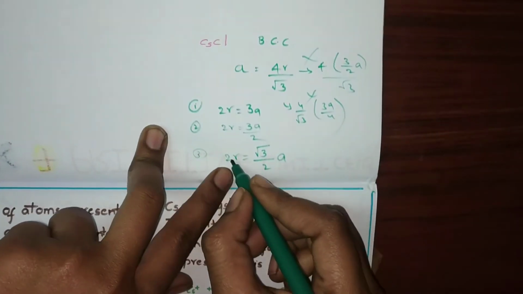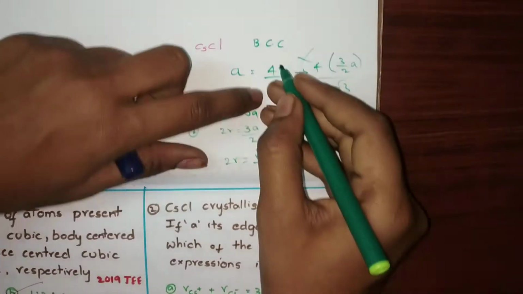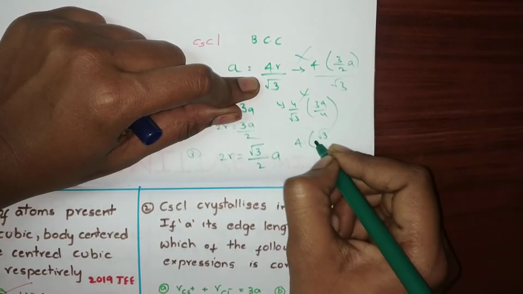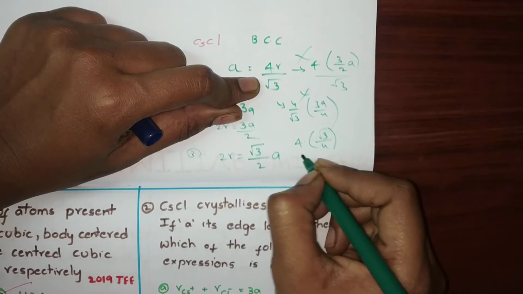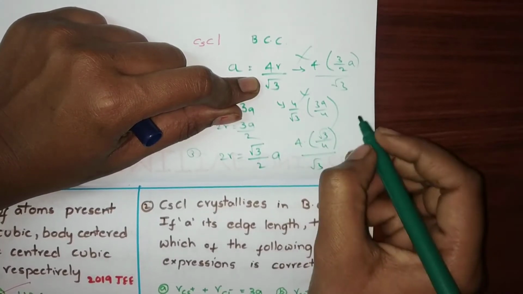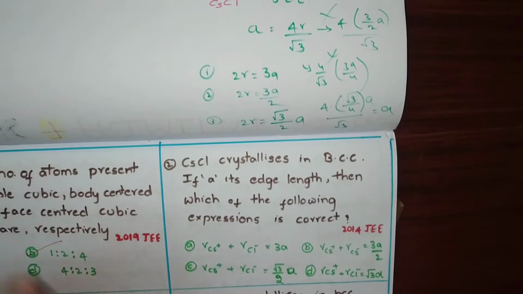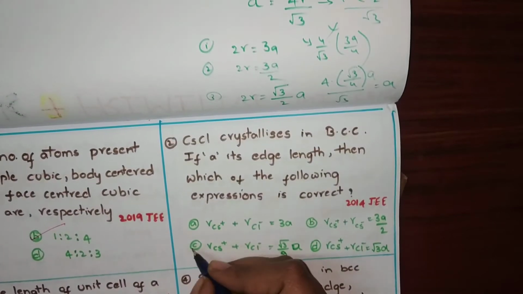Can I say from this r is equal to root 3 by 4 a? Substitute this here: 4 into root 3 by 4 by root 3. Yes, it will become a. a is equal to a. Yes, so C is the correct answer. Okay, C.